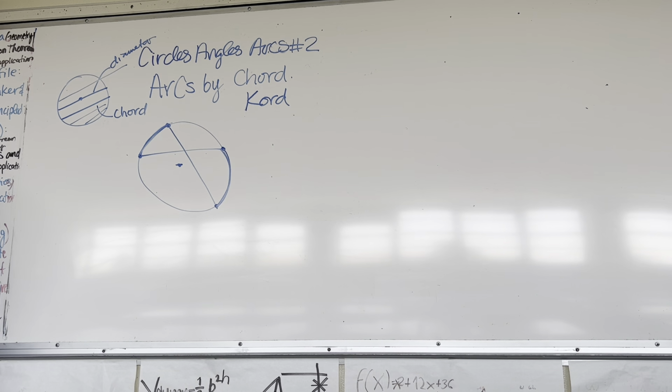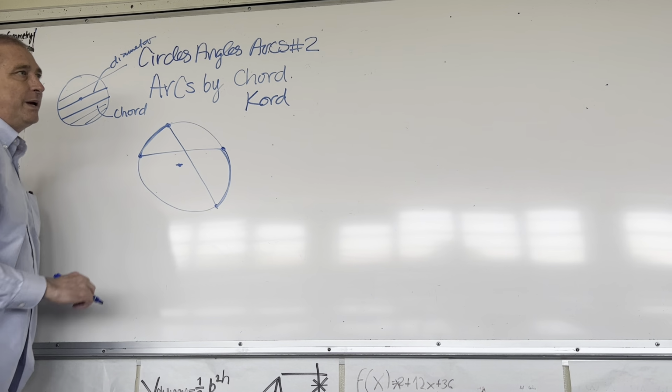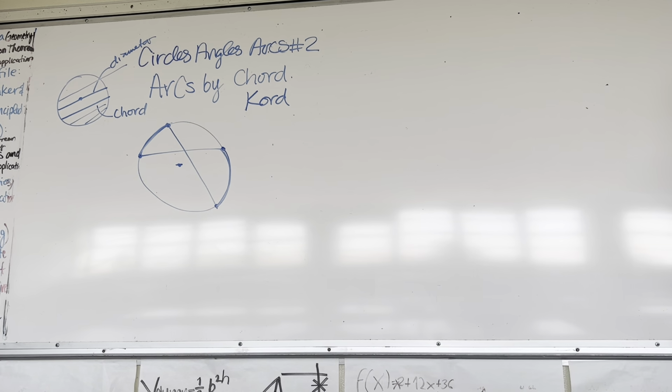Everybody say chord. Chord. And everybody say arc. Arc. You're trying to come away with the vocabulary of this unit, and this is some of the base vocabulary. So let's say that the arc has a measure here, and there's a couple examples they give us. Oh, they give us a formula.